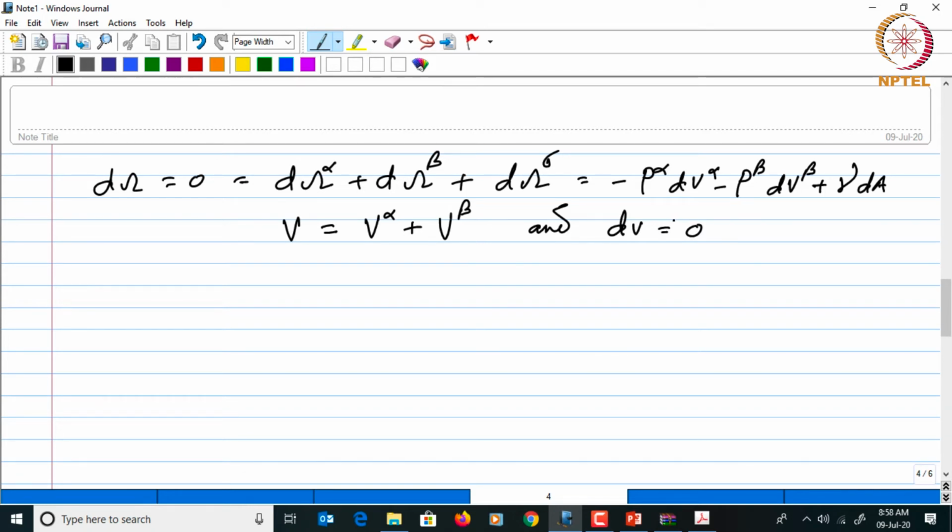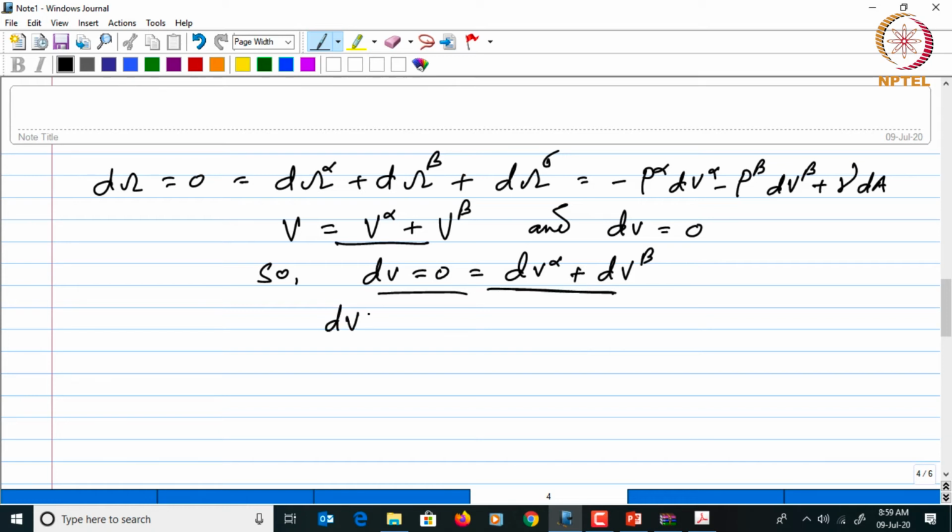Okay, so we can write from here we can write this, and therefore we can say that dV alpha is equal to minus dV beta.